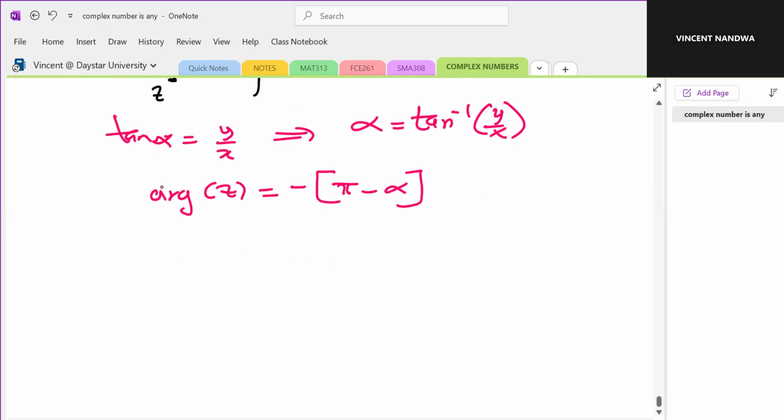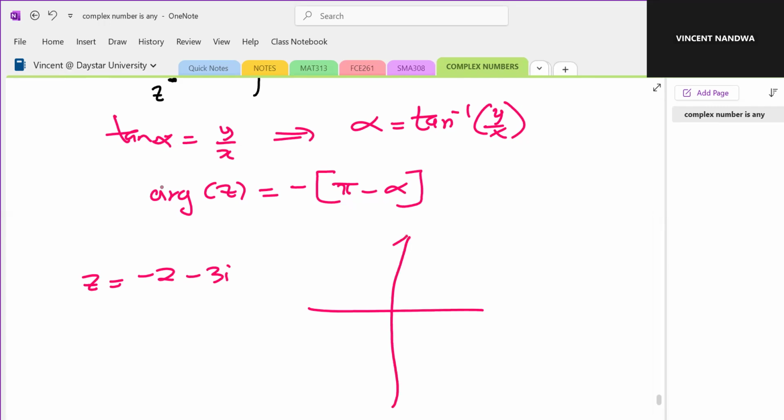So for example, if you are dealing with the complex number z given by minus 2 minus 3i, then what you do is you sketch this number in the Argand diagram, and this number will be here.